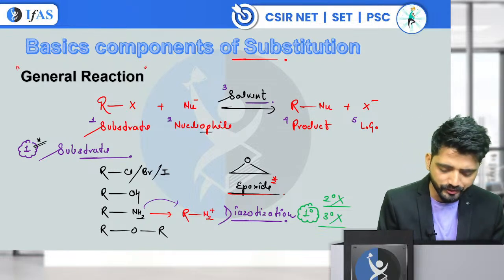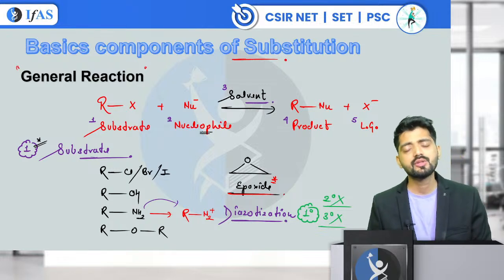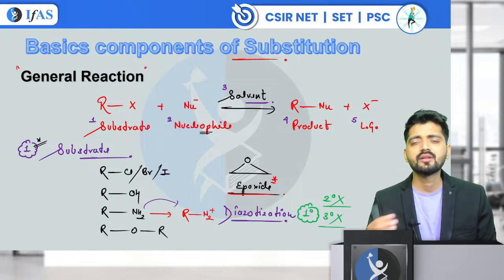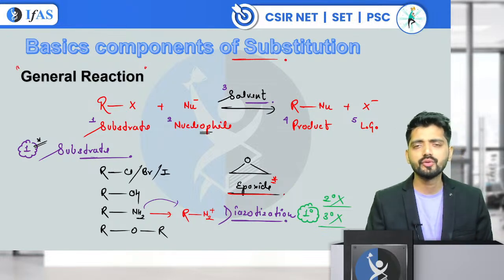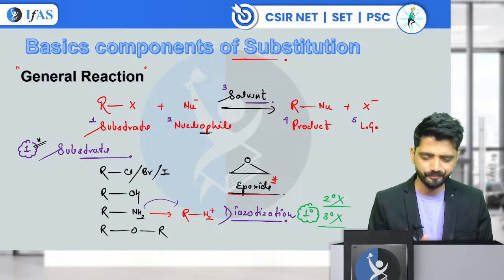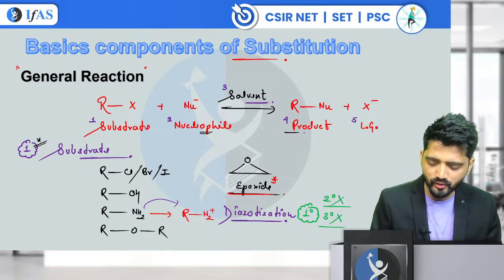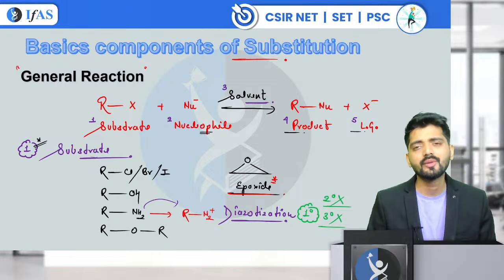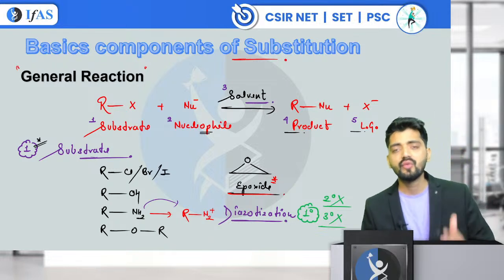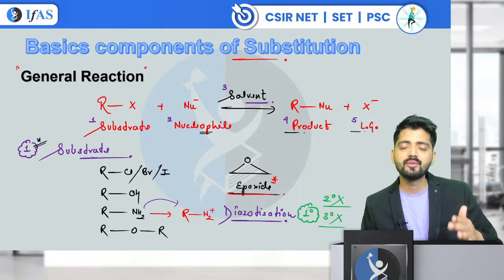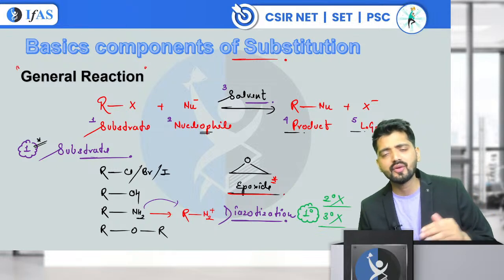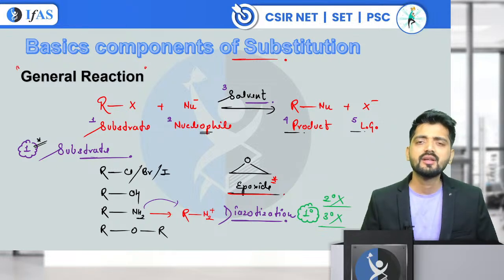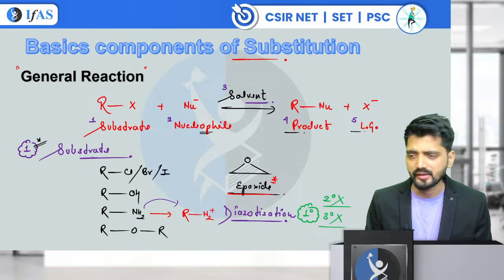Of course, the very important component is a nucleophile, which we were comparing: if we are given 4 nucleophiles, can we arrange them into increasing or decreasing order of their nucleophilicity? We were dealing with such types of questions, correct? Then we have the product, of course, and the last component is the leaving group, and the solvent also plays an important role in deciding whether the nucleophile will be a good nucleophile or a bad nucleophile, and how it is going to affect the reaction. These all things we need to study.